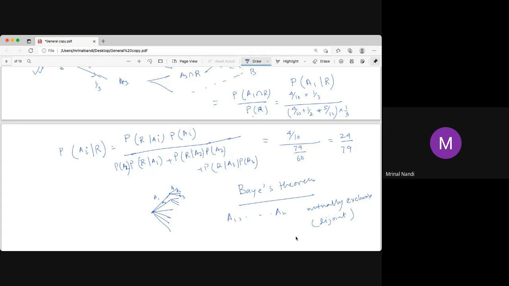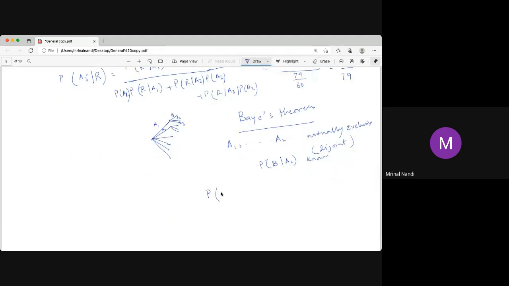So if they are mutually exclusive and there is another event B, different from A1 to An, and we know all these probabilities, B given Ai, then how do you find Ai given B?